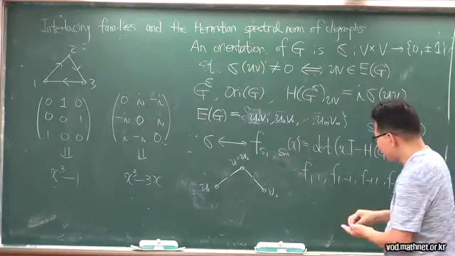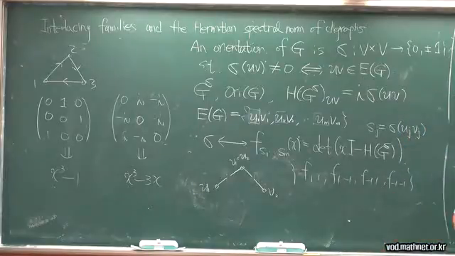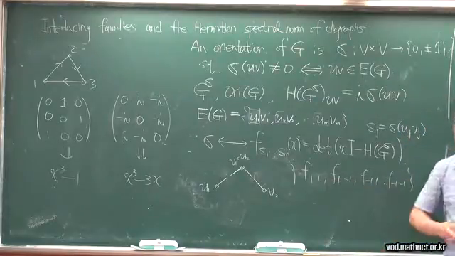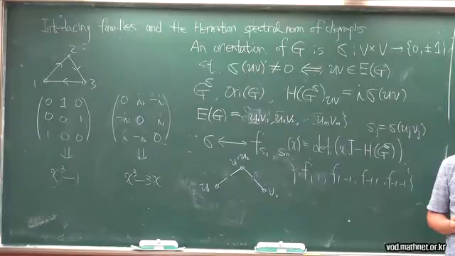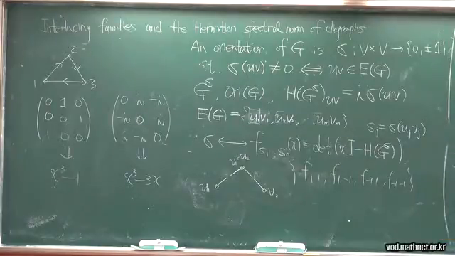Now, if we want to show that those 4 polynomials form an interlacing family, then what do we have to do? We have to show this: k is equal to 0, 1, because there are only 2 edges. So we should think about 0 and 1.